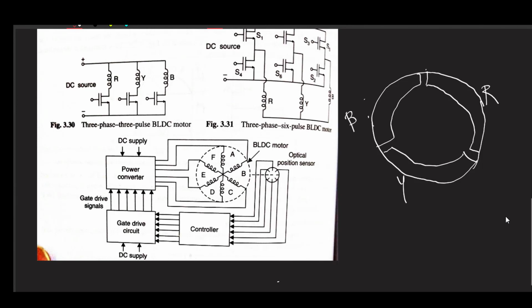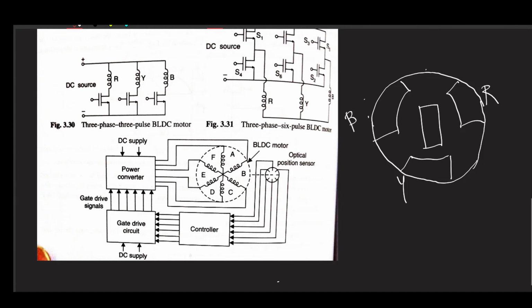Obviously your objective is to make your PMDC rotate. Pole arc can be different. Pole arc to pole pitch may be different, but clearly that phase winding should be in that way.